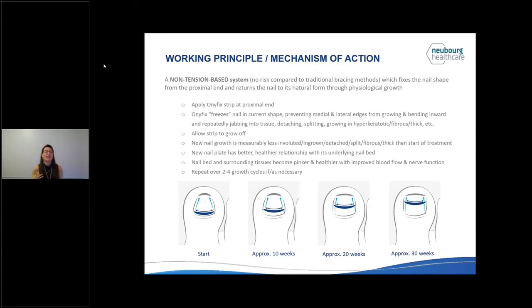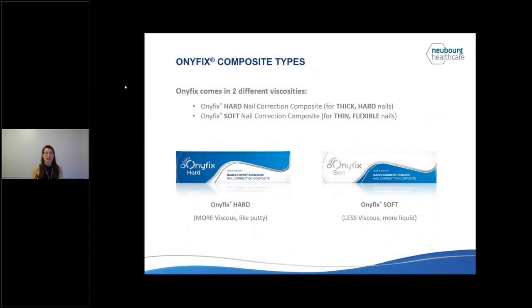And we, of course, in turn see better, healthier tissue with improved blood flow and nerve function and less risk for things like cut circulation and nerve damage in the long run. And of course, depending on the need for the use or the severity of the condition that you're looking at, you may use from 2 to 4 growth cycles as necessary, but we typically find 2 to 3 growth cycles can do even some of the severe cases.